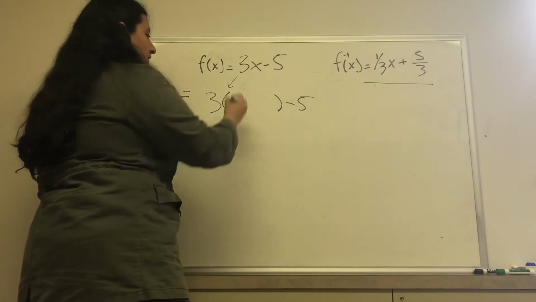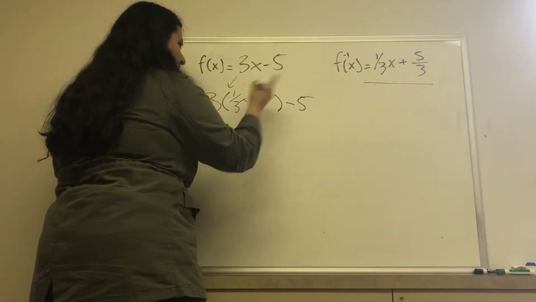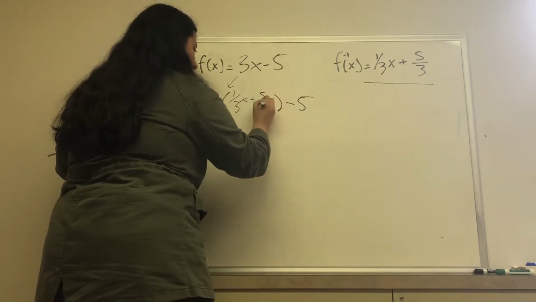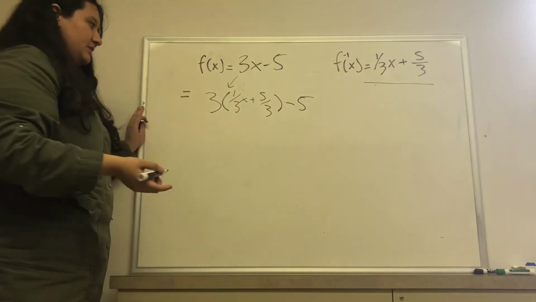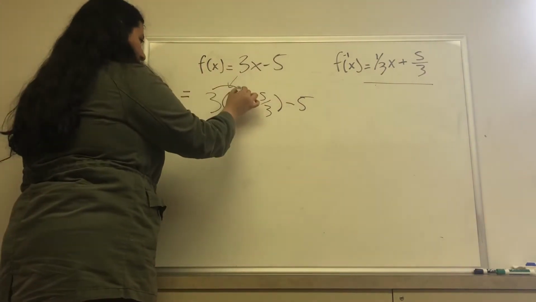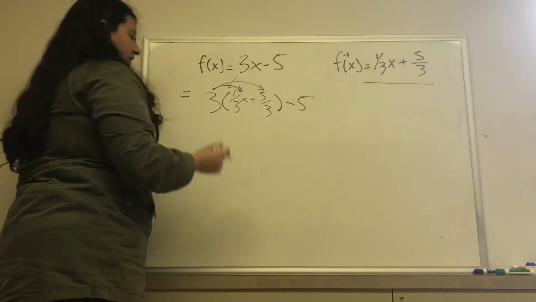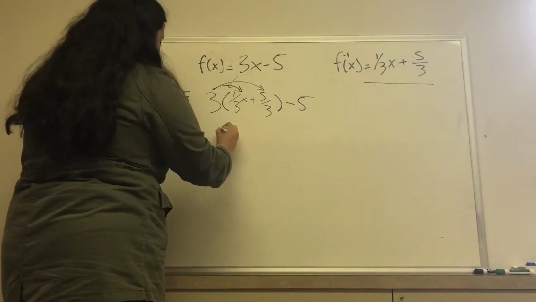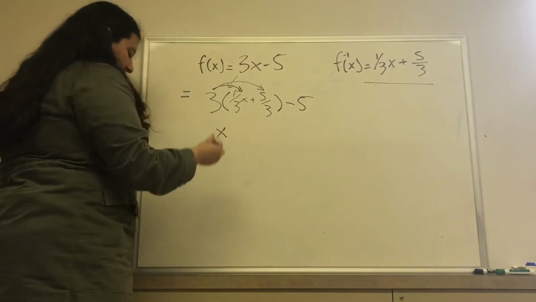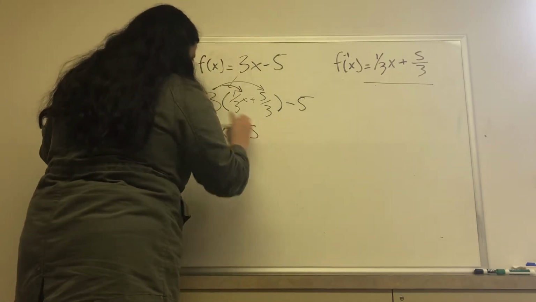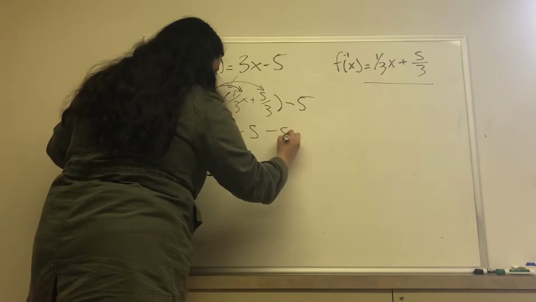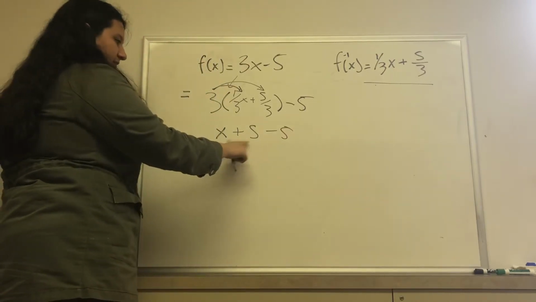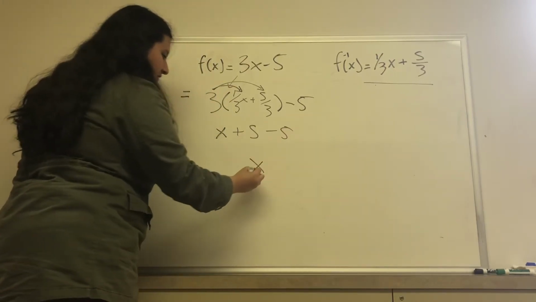So it's going to be 1/3 x plus 5 over 3. And your next step is to distribute the 3 over to each part. And basically we're going to find what x is. So this would be x by itself, 1x, plus 5 minus 5, and 5 minus 5 is 0, so you're left with x.